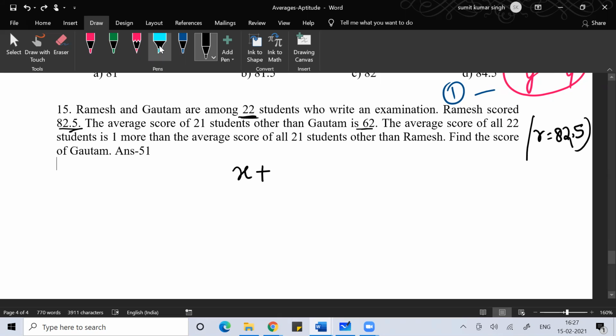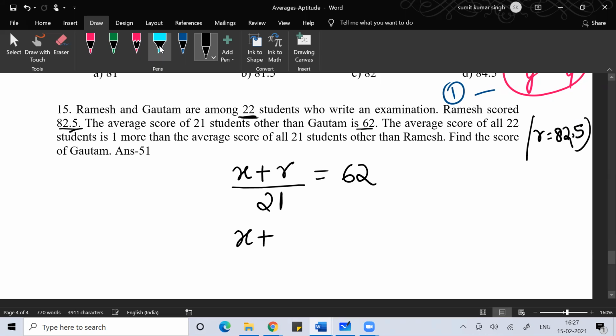22 is Ramesh, Gautam plus 20. Let the total of the 20 students be X. So (X plus Ramesh's 82.5) divided by 21, the total being 21, is equal to 62.